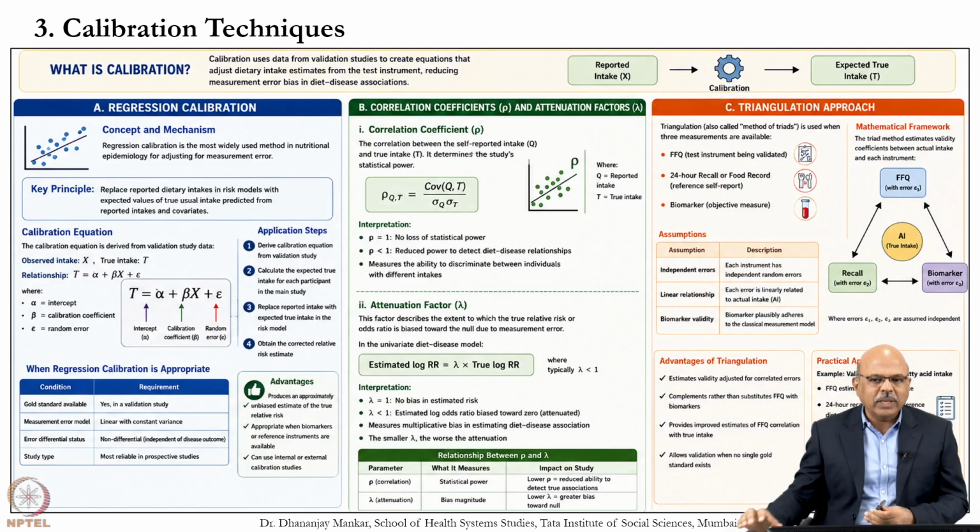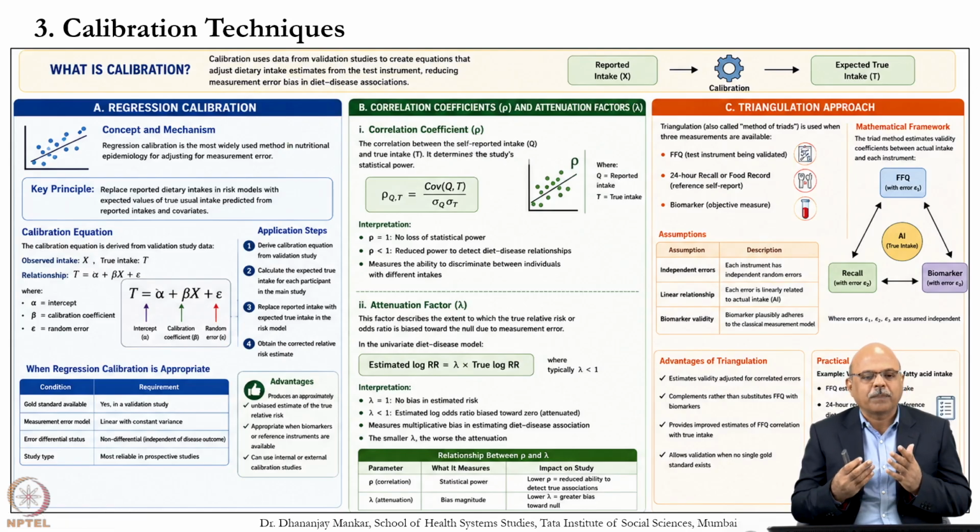There is a reported intake versus an expected intake. Of the three important methods, regression calibration comes first. It is a procedure which gives an approximately unbiased estimate of the true relative risk.